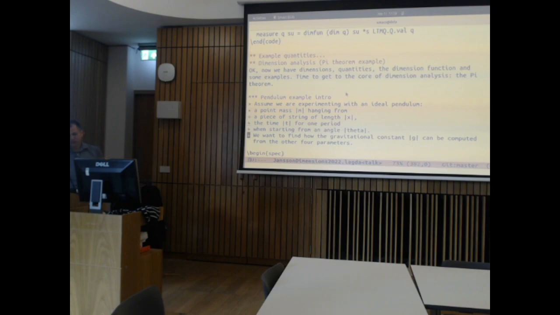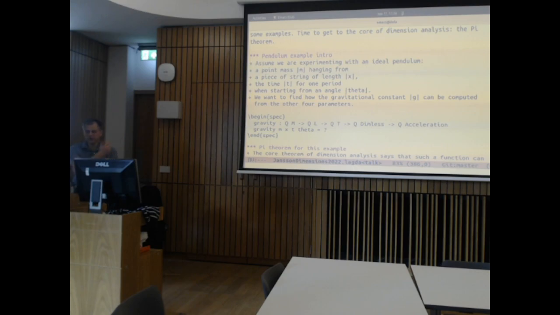So how do we measure the gravitational constant from the other four parameters? And then generally you say, oh, this is a complicated problem. It's a function of 4 values, and then you should compute this gravity.